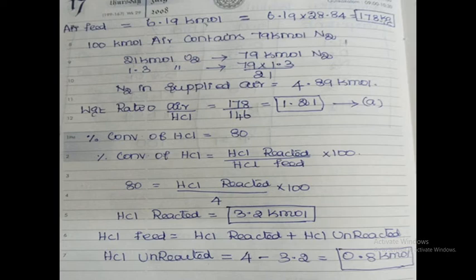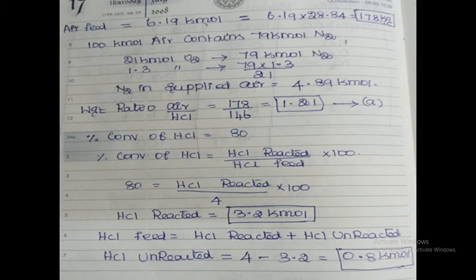We don't want the reacted value, we want only the unreacted value. How will you calculate the unreacted value? From the material balance of HCl. HCl feed is equal to HCl reacted plus HCl unreacted.